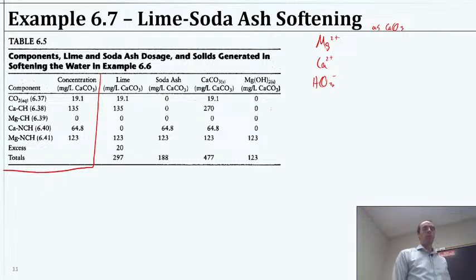And then from here, as we go to assemble the bar chart, you probably want to step through and say, okay, here's the concentration of one component that we have, the CO2. We already calculated that. Go ahead and write that up. Because this will let us just add things up in total and get our answer, right? To say some things require lime to be added, some things require soda ash.